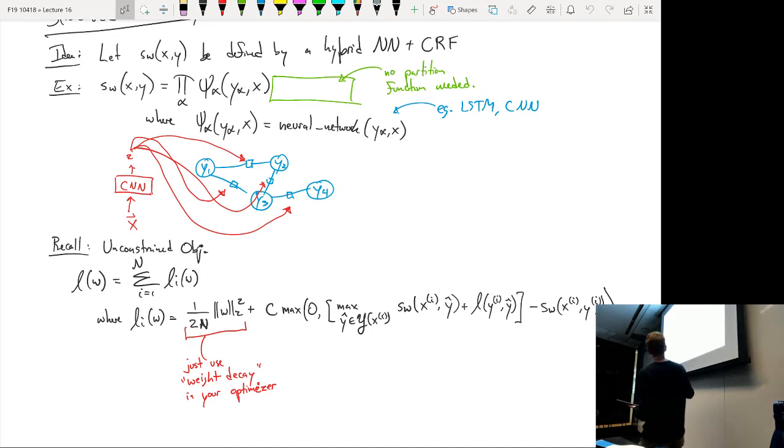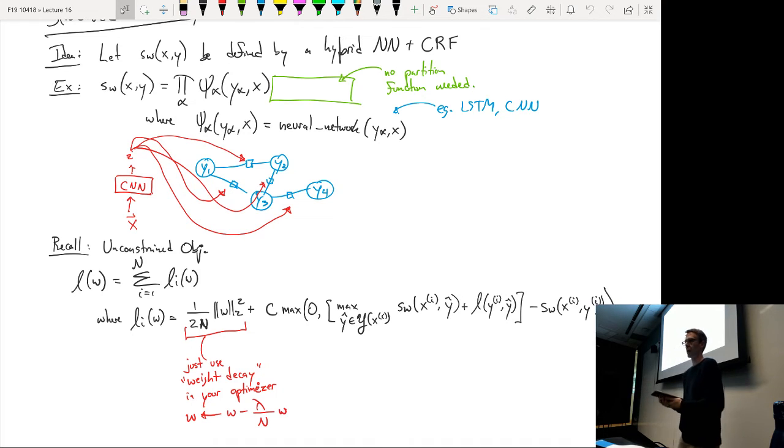So if you have an optimizer like Adam or stochastic gradient descent, you can turn on weight decay. And what that will do is just update your parameters at every time step so that they're gradually decreasing, as they should if they were L2 regularized. Okay. So this was the update to W that came from that L2 regularizer term that we had in our stochastic subgradient structured SVM algorithm last time.